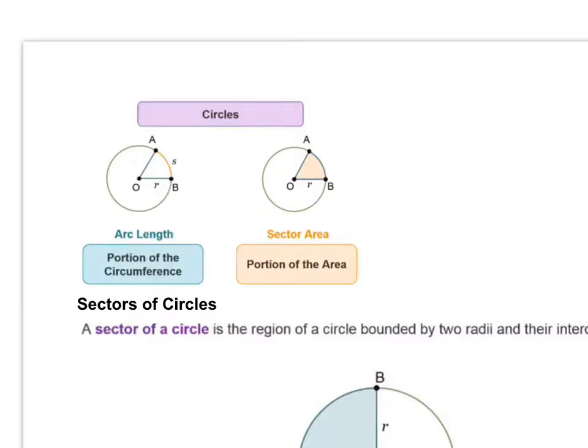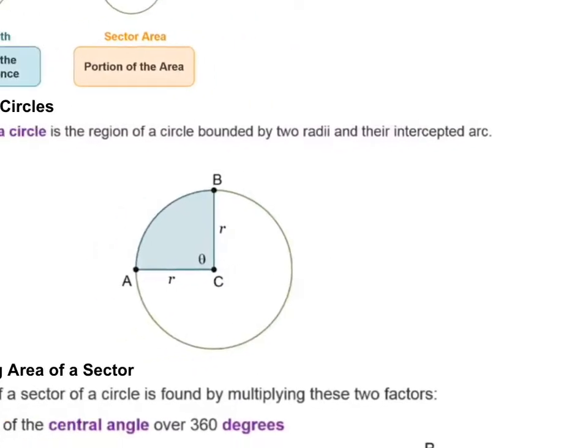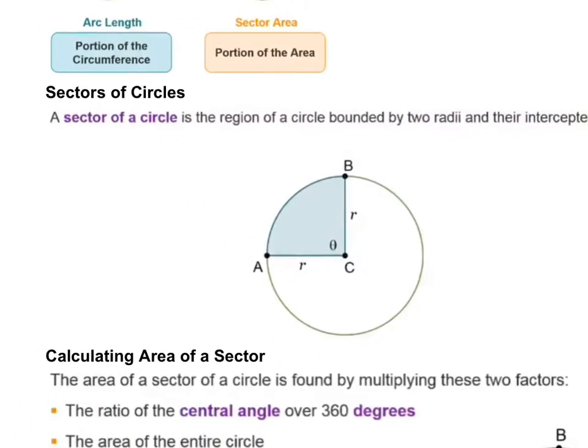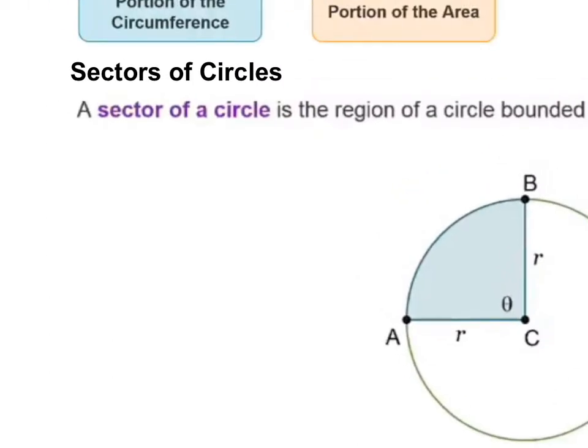A sector of a circle is a region of a circle bounded by 2 radiuses and their intercepted arc. So we have 2 radiuses, a central angle, and an arc. Instead of calling it a sector, I like to call it the pizza slice, because that's really what it is.